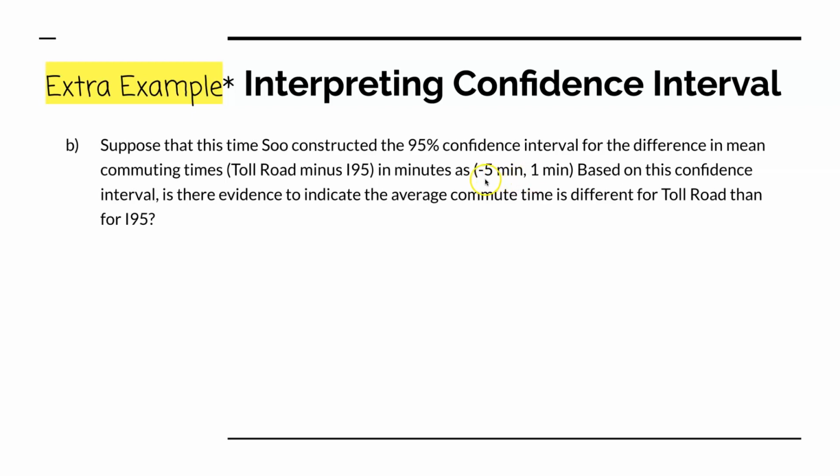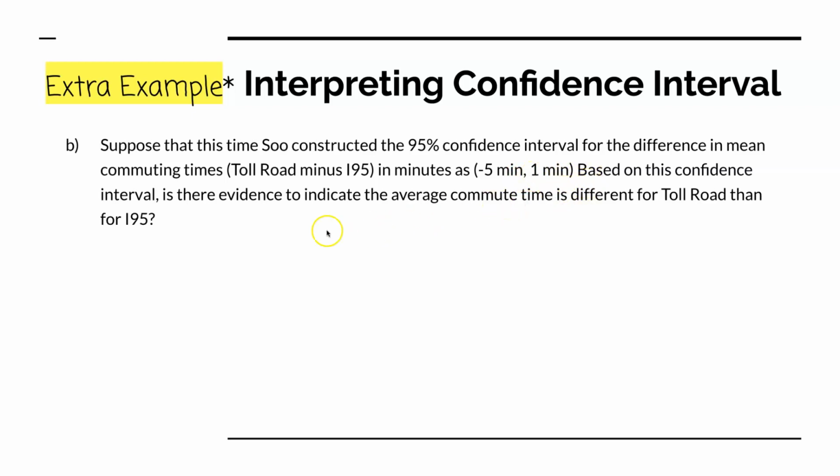Both a negative lower bound and a negative upper bound. Why? Because that means we're doing small thing minus the big thing, or short commute time minus the long commute time. I wanted to believe what I'm paying for at the toll road is worth it. Well, guess what this includes? In between -5 and 1, in between a negative number and a positive number, there is 0.